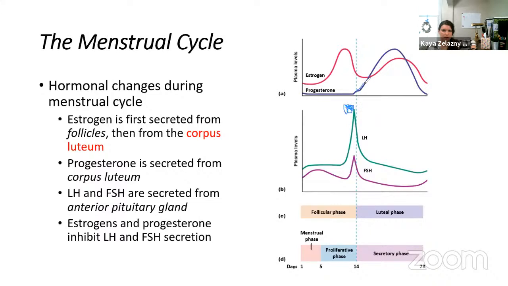But now that we form the corpus luteum after ovulation, estrogen and progesterone are both increasing, but especially progesterone. So progesterone is inhibiting LH and FSH, and so is estrogen, but as you can see, the bigger difference is in the progesterone. So that's why these go down: ovulation is triggering the creation of the corpus luteum, which is then suppressing these hormones. So that's why we have this downhill end of the LH surge.